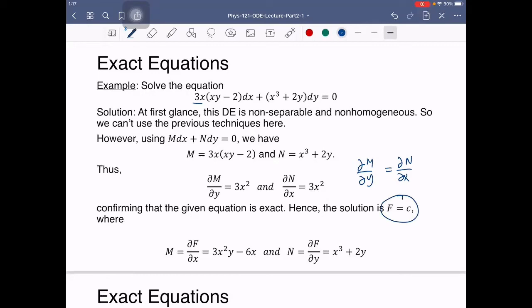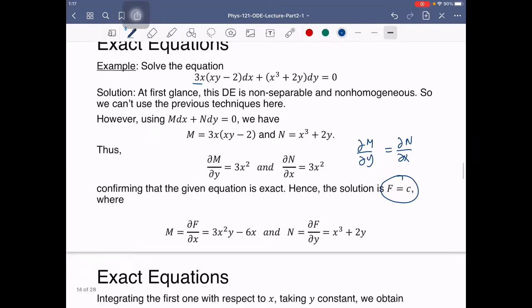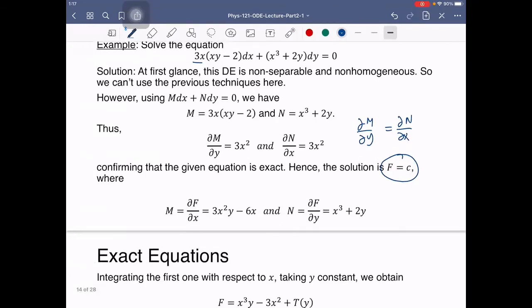So, we can further show this. So, yung m natin can now be expressed as the partial of f with respect to x. So, paano yan? So, alam natin yung m, di ba? We just take the partial derivative of that with respect to x. So, we can have 3x squared y minus 6x.